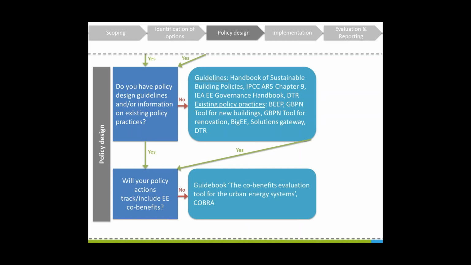A guidebook developed by the IEA on co-benefit evaluation, as well as a guidebook on the co-benefit evaluation tool for urban energy systems, and another tool such as COBRA, which can estimate and map different co-benefits such as air quality, human health, and related benefits of energy efficiency policies, can be helpful at this stage.